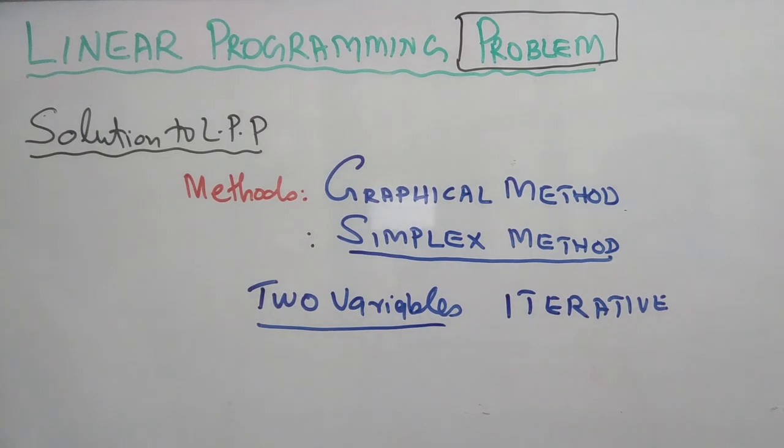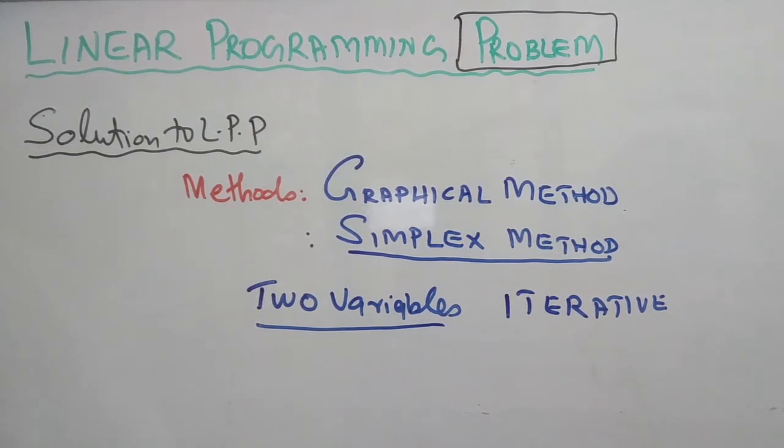The graphical method is comparatively convenient, but the simplex method is not so convenient since it is not a pure mathematical method. It is termed an iterative method. In the next session, we will study the graphical method of solving a linear programming problem.